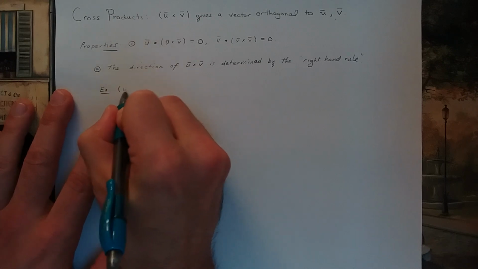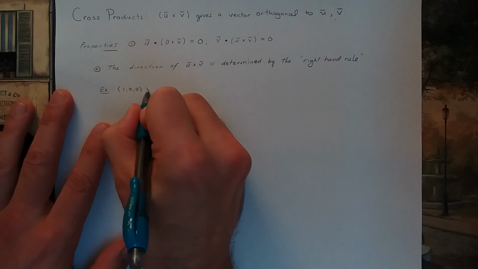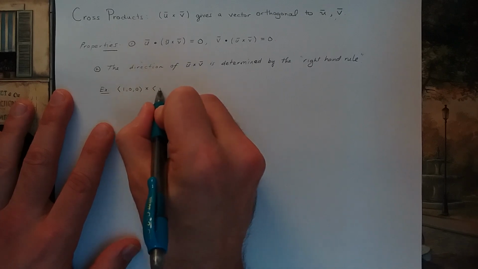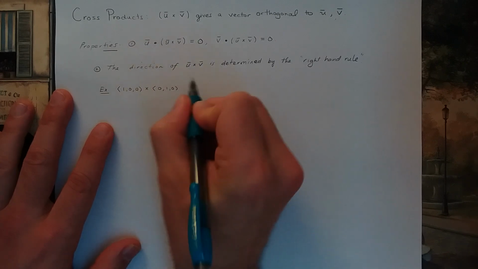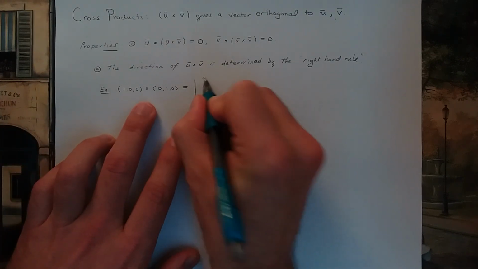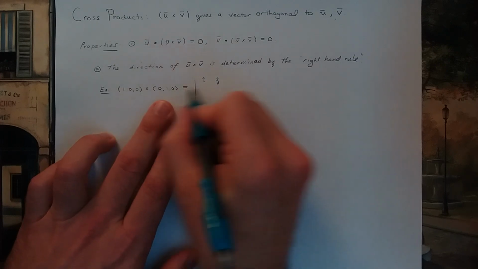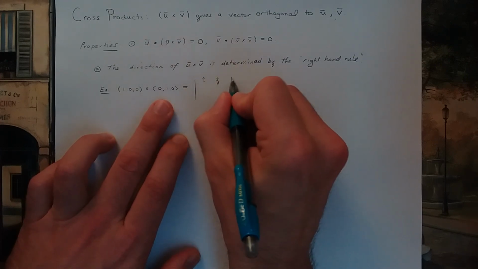So let's take the cross product 1, 0, 0. That's actually i hat. And let's cross it with j hat. So let's do 0, 1, 0. The way that we calculate cross products was to form this 3 by 3 array. In the top row, I have i hat, j hat, and also k hat.